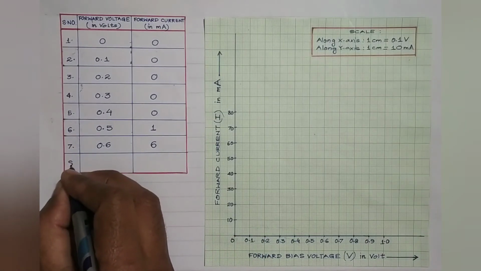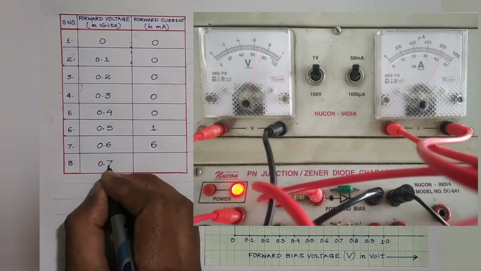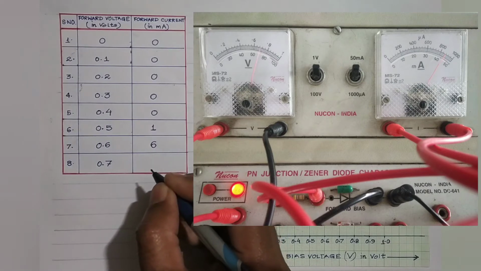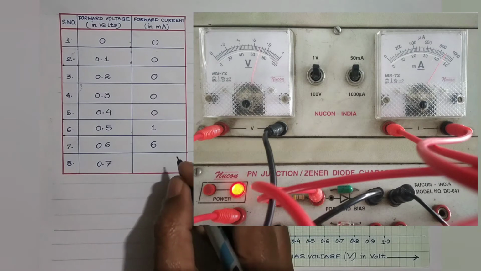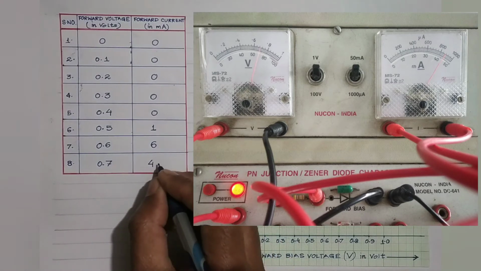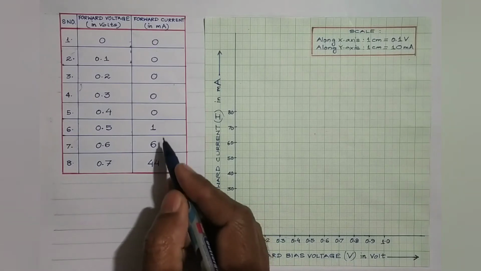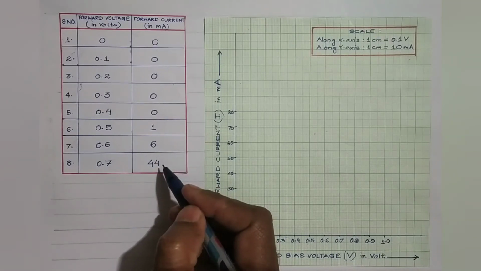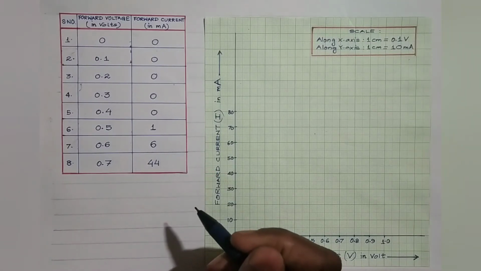Now further, we will notice that corresponding to 0.7 volt, the current starts increasing almost linearly with the increase in the applied voltage. Now here it is about 44 units, that is 44 milliampere. So we notice that as soon as the forward bias becomes greater than the potential barrier, the forward current increases almost linearly.